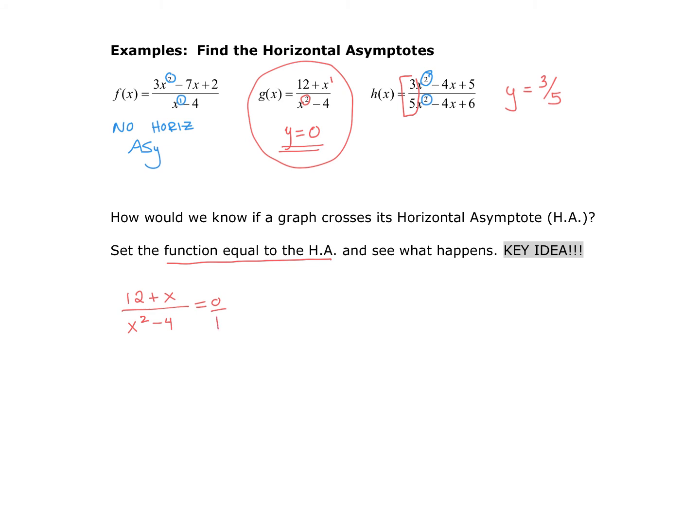In this particular case, I'm going to make it 0 over 1 so I can just cross multiply. And I get 12 plus x equals 0. So x equals negative 12. So yes, in fact, this does cross. If x is negative 12, then the y value will be 0, and that's where it's going to cross. So that was for function g above.